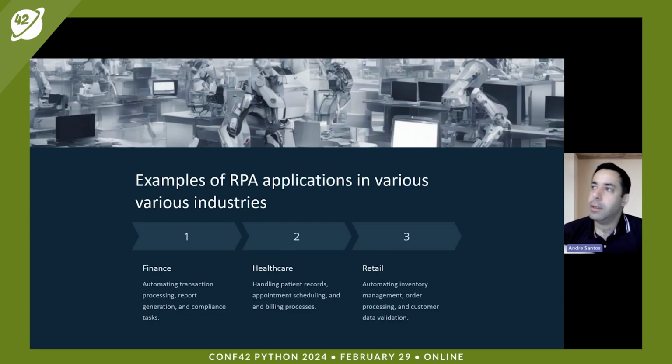We can build an RPA solution with Python, of course, that checks the email inbox, opens the PDF file in the email from the person that sent us the invoice, and applies some OCR techniques to extract data from this PDF and save this information in whatever place we want.